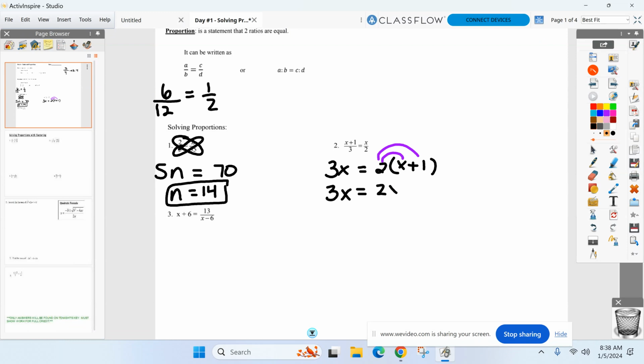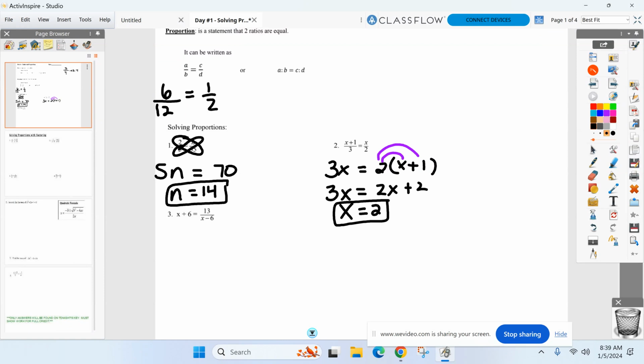So you should have 2x, not plus 1, but plus 2. And then solve it up. So x equals 2. All right, those are your good old middle school days.